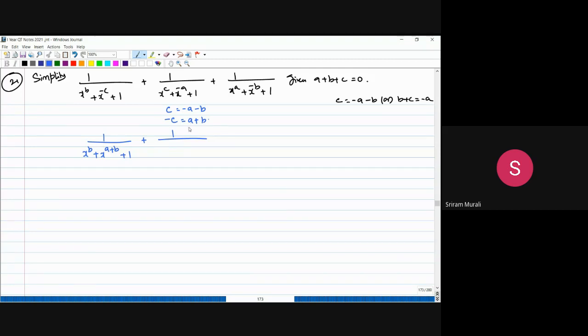We want to express everything in terms of A, B. So I should write C as minus A minus B.